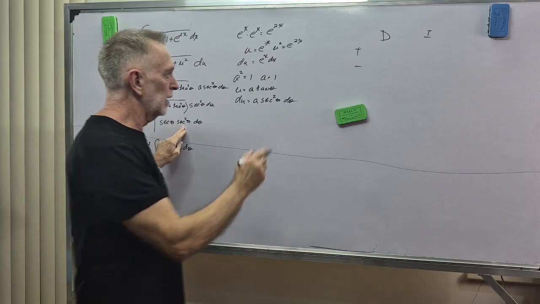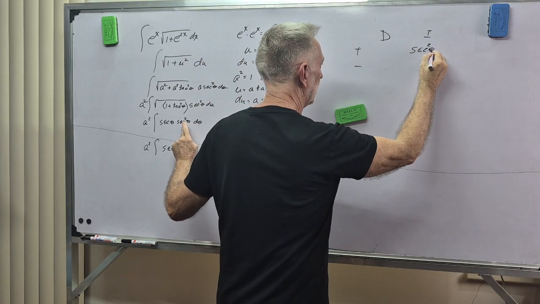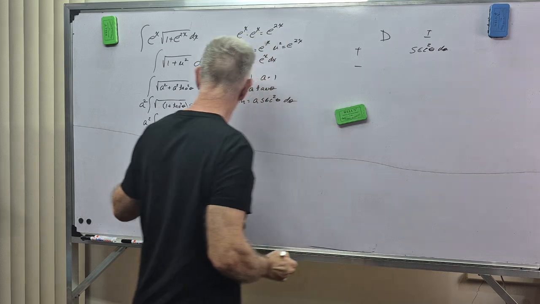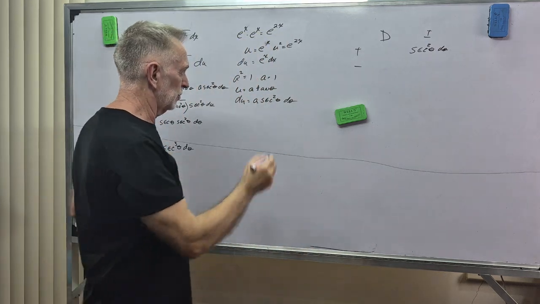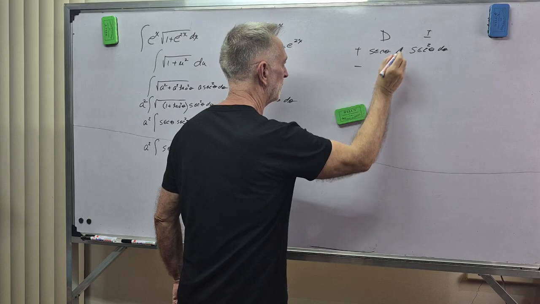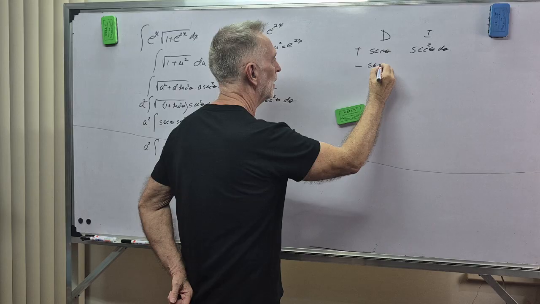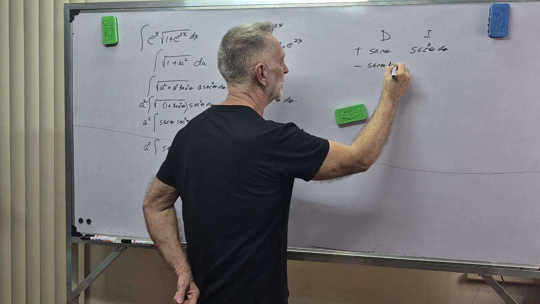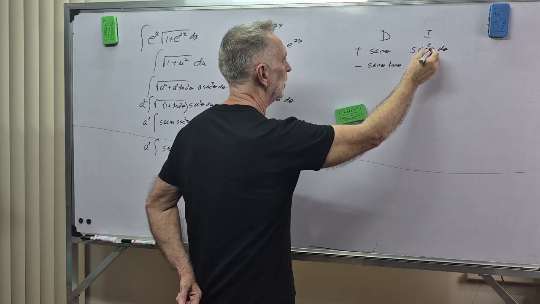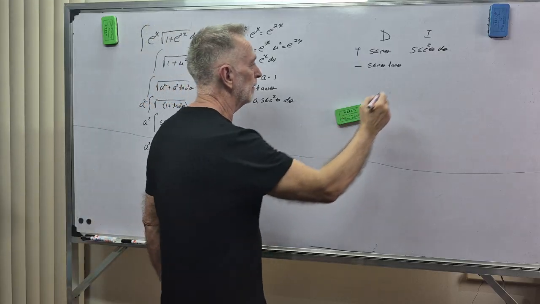Secant squared, I know the integral of that. So I have secant squared theta d theta. The other piece, I'm going to take the derivative of secant theta, which is secant theta tangent theta. The integral of secant squared is tangent theta.